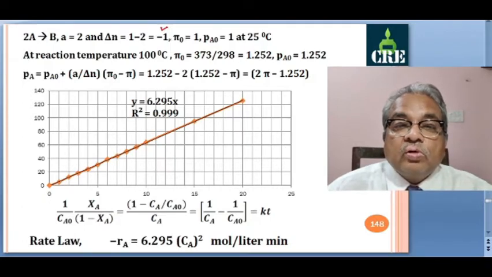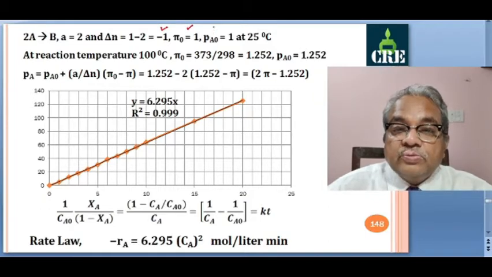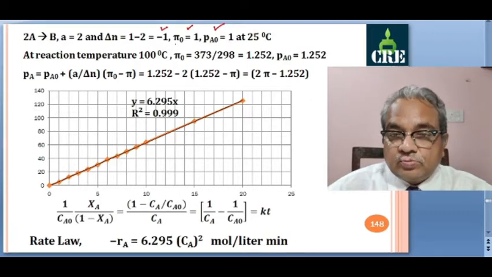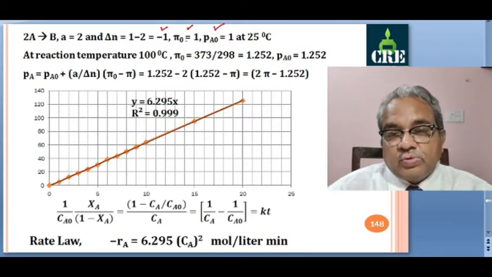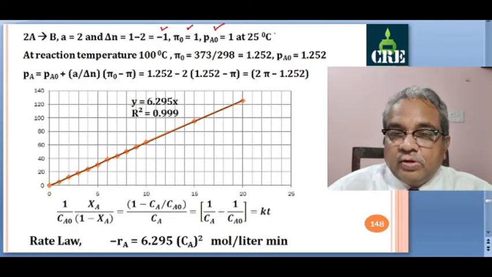First, we have seen the derivation from total pressure data: how to find the rate law from total pressure data. Here pi 0 is 1 atmosphere. A is pure, so Pa0 is 1 atmosphere. If A is not pure, say 50% inerts are there, then Pa0 will be 0.5 into pi 0, or if 40%, 0.4 into pi 0, and so on. That you have to consider.